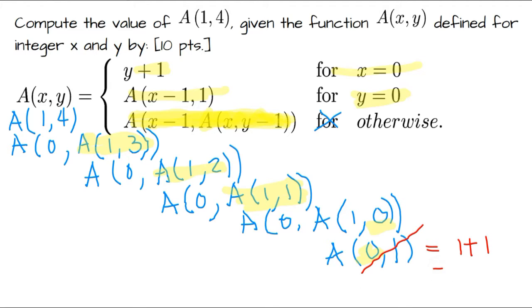So this is equal to 2. Now when this is 2, this function is A(0, 2), and A(0, 2) will evaluate by the first case again, y plus 1, so 2 plus 1, or 3.